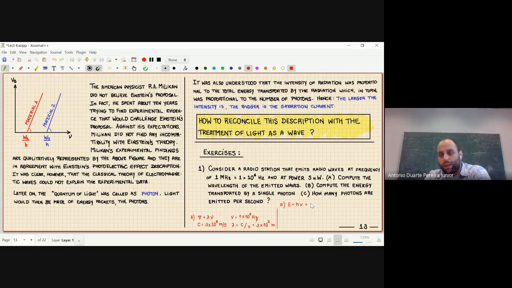So you just replace H by the value of Planck's constant. And here you have to be careful because you can use H in units of joules times second, or you can use it in electron volts times second. So if you use joules, this will be 6.62 times 10 to the minus 34 times the frequency, which will be 1 times 10 to the 6. Well, this is a simple calculation.